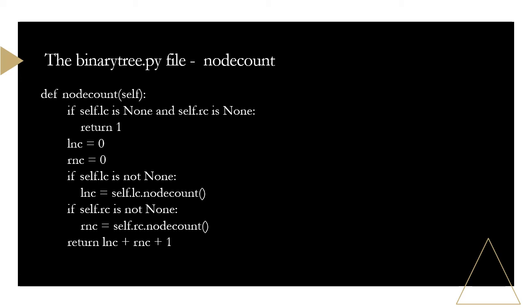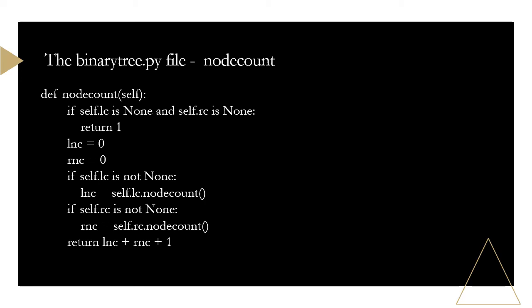And if this node has a left child, you recursively call the node count function for the left child. Whatever this recursion returns, this is placed in LNC. Then if this node has a right child, you recursively call the node count function for the right child, and whatever this recursion returns, it is placed in RNC.